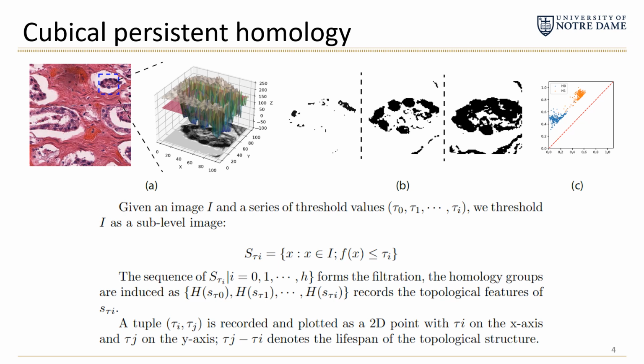The homology groups are induced as H(S_T0), H(S_T1), H(S_Ti), which record the topological features of S_Ti. The birth Ti and death Tj are recorded and plotted as a 2D point with Ti on the x-axis and Tj on the y-axis, which is shown in figure C, and Tj minus Ti denotes the lifespan of the topological structure.